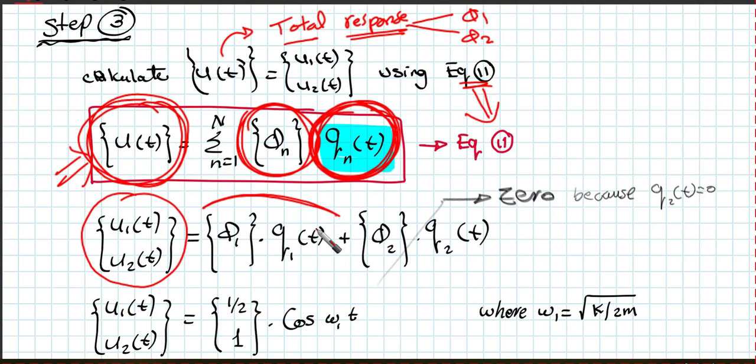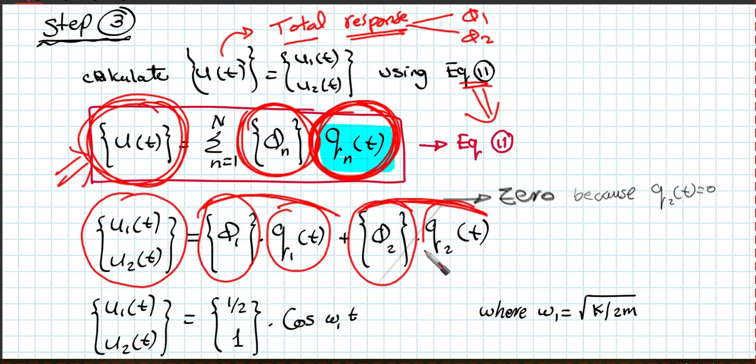So the total response equals 2 parts. One part is related to phi 1, or mode shape number 1, and another part is related to mode shape number 2. We find phi 1 multiplied by q1 of t, and phi 2 multiplied by q2 of t.